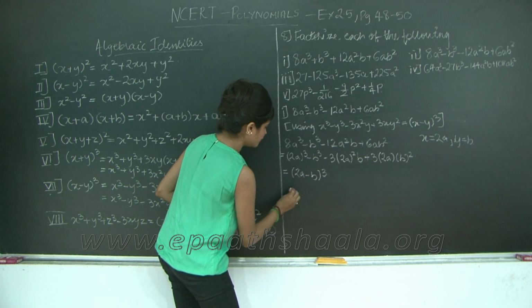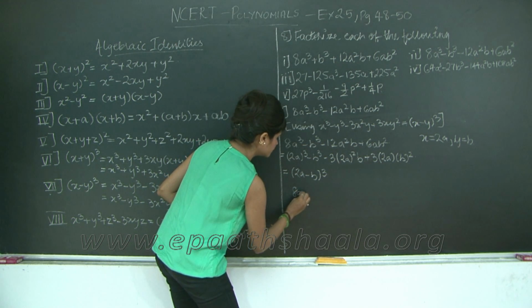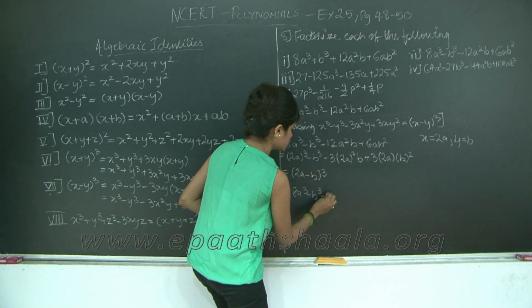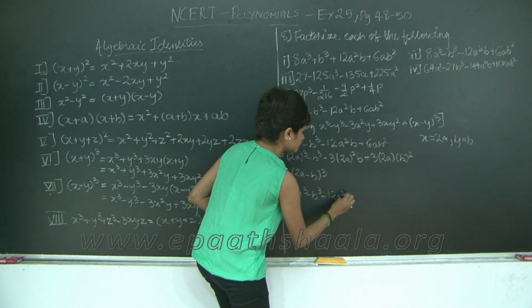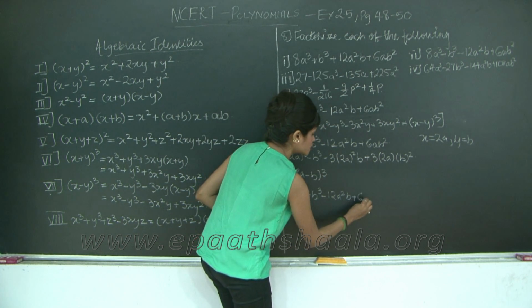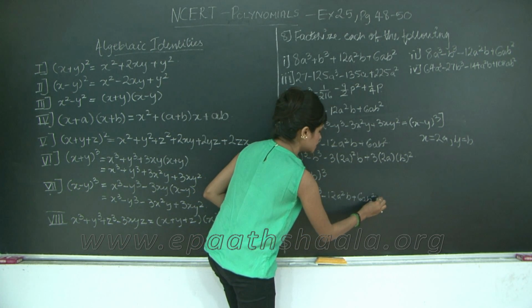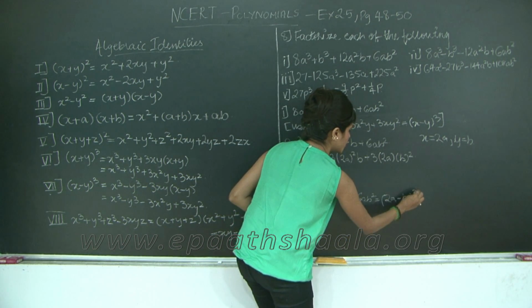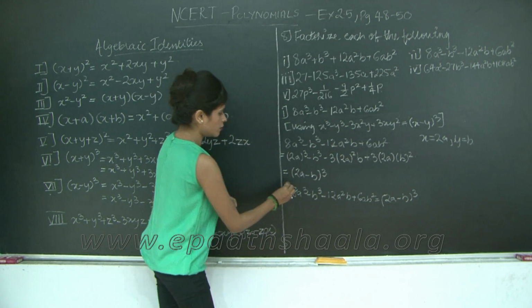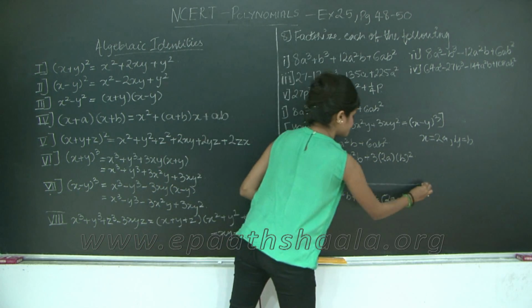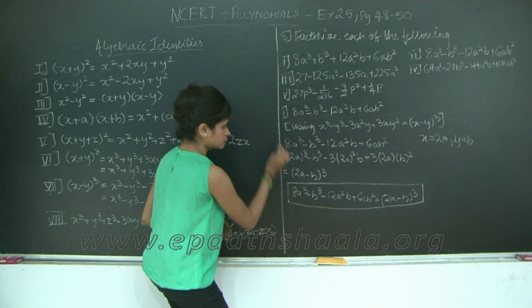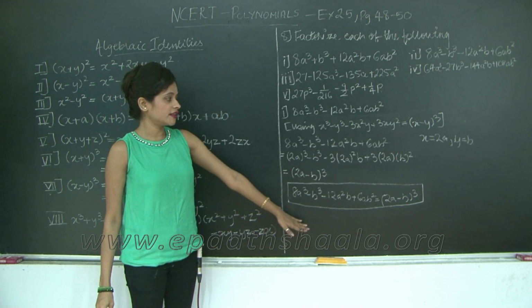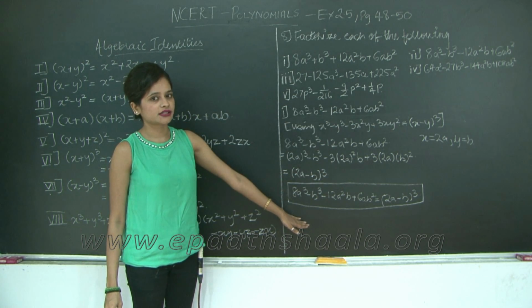So therefore we have 8a cube minus b cube minus 12a square b plus 6ab square is equal to 2a minus b the whole cube, right? And now boxing my answer. Please take a look. So we have solved this sum using our identity number 7.